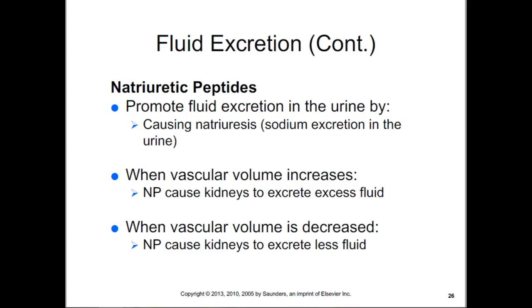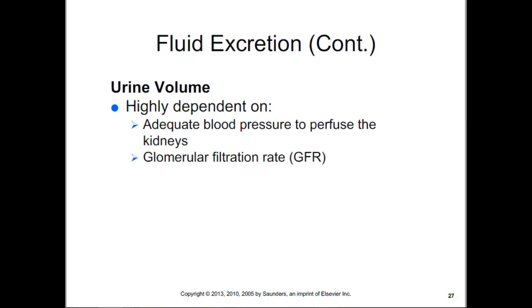So when vascular volume increases, natriuretic peptides cause the kidneys to excrete excess fluid. When vascular volume is decreased, they excrete less fluid, and then the aldosterone might reabsorb more fluid.